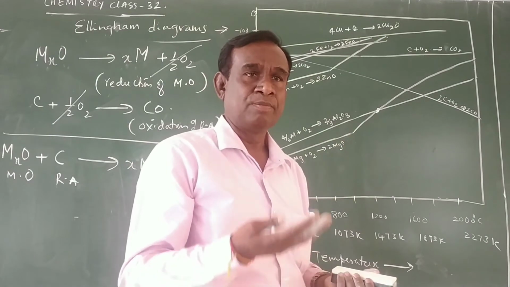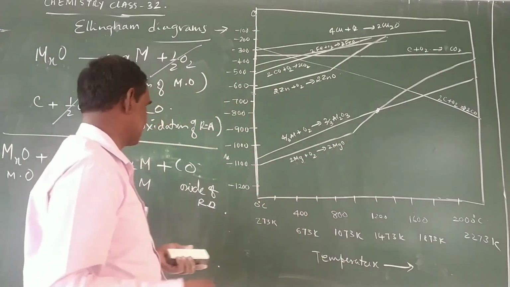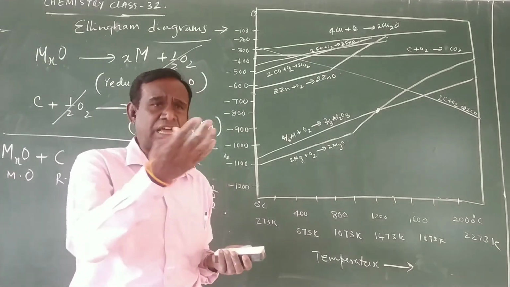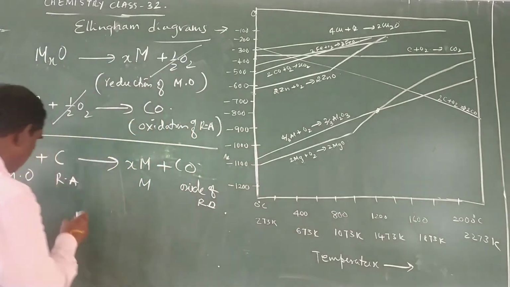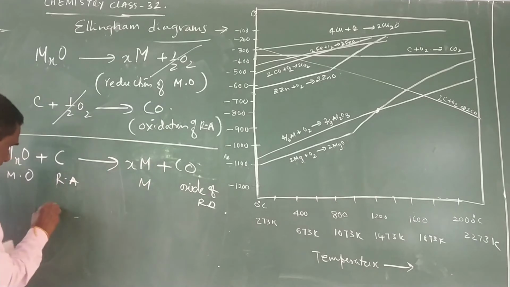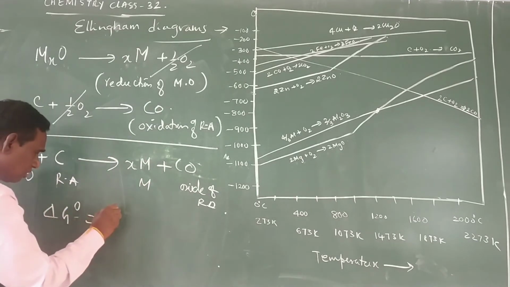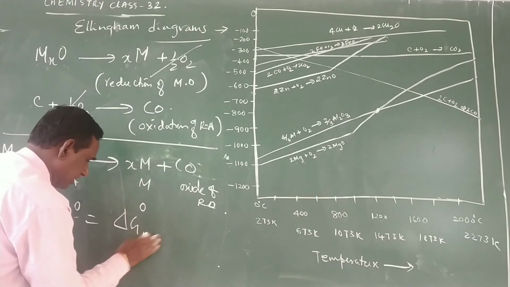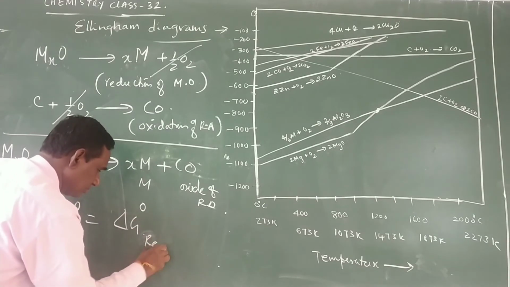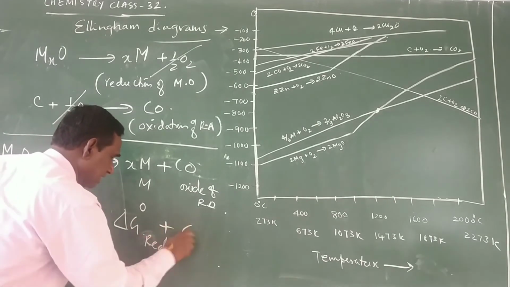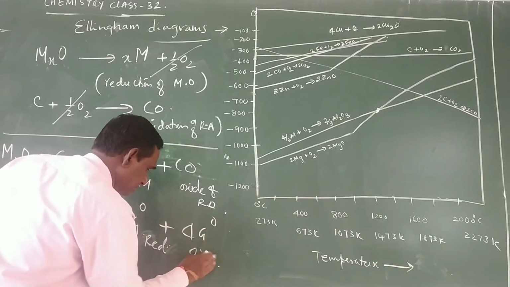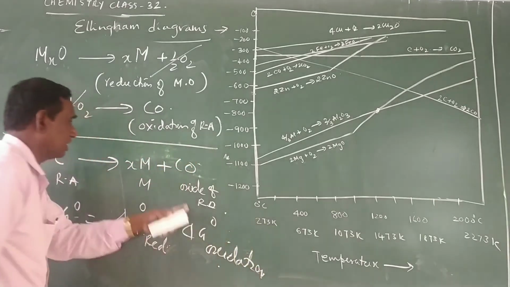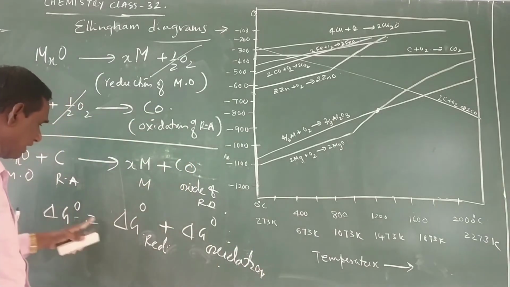For example, I am going to take zinc extraction. And how do you calculate ΔG°? For this reaction, ΔG° is equal to ΔG° of reduction plus ΔG° of oxidation. That means you have to add the ΔG° values for both. What is the ΔG° of reduction? That is MxO gives rise to xM. This is the ΔG° of reduction.